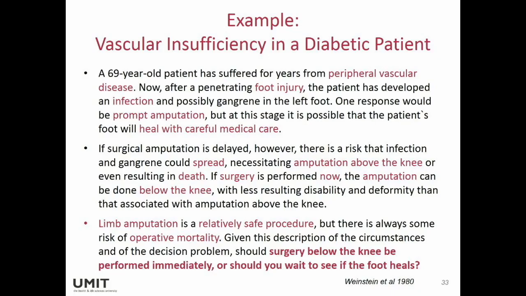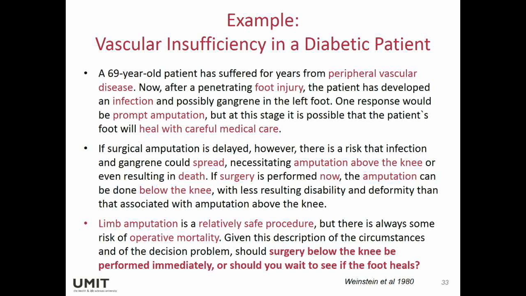So the case example is a 60-year-old patient who suffered from peripheral vascular disease and now had a foot injury and an infection. The infection already developed with a possible gangrene in the left foot, and one response now would be prompt amputation.